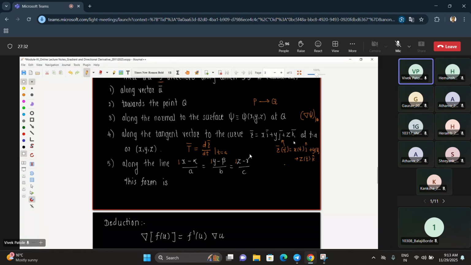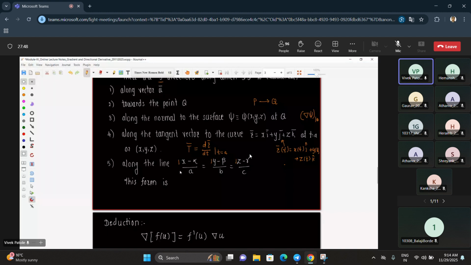Okay, so whatever form I have written here is the equation of the line. You can consider it the slope point form in 3D. In 2D, actually, it is like this, slope point form.